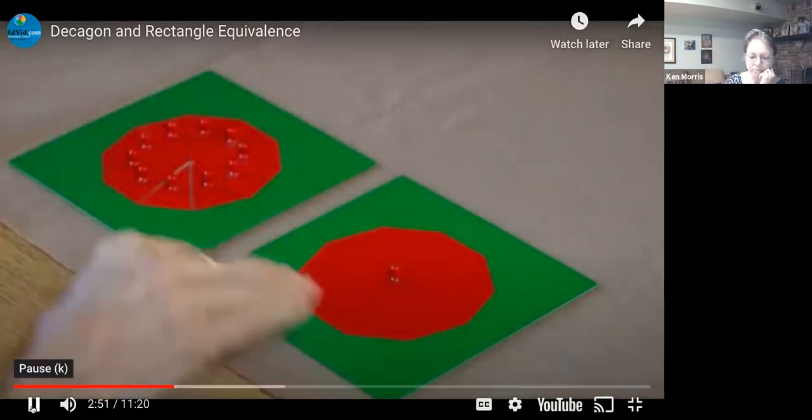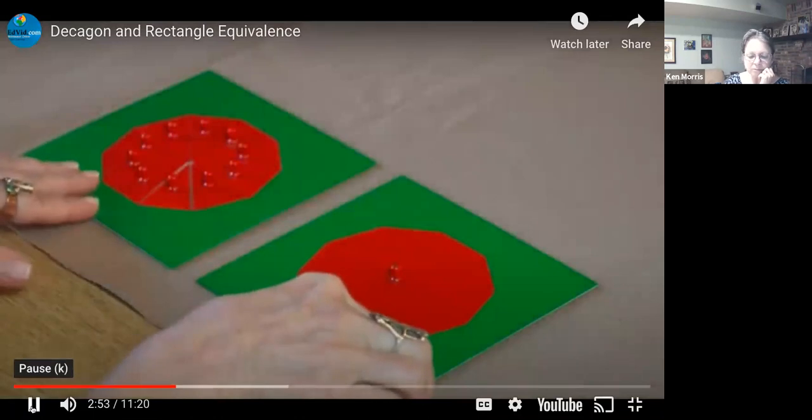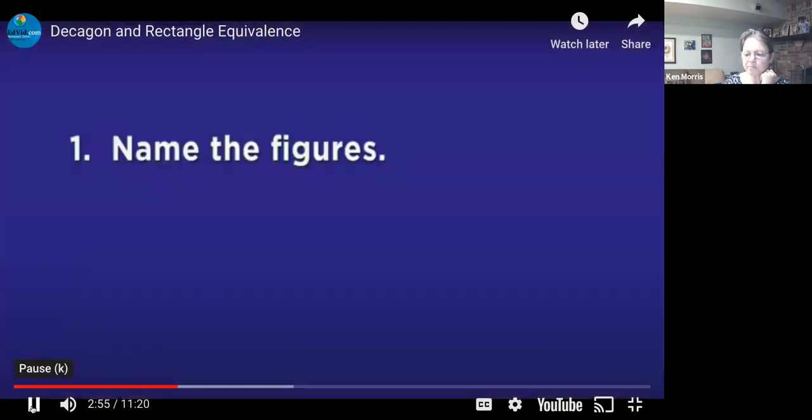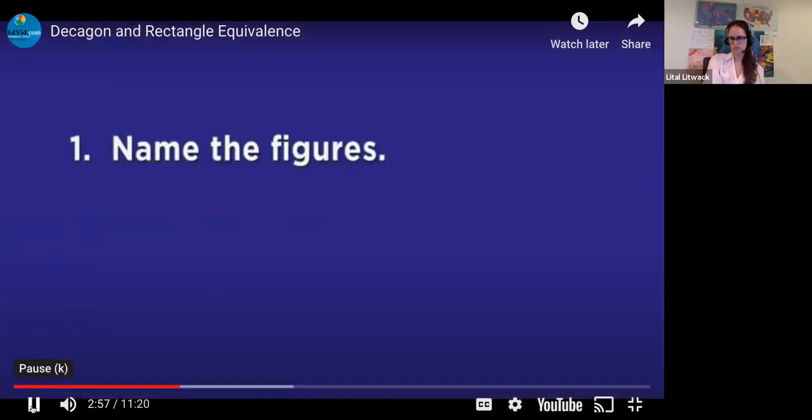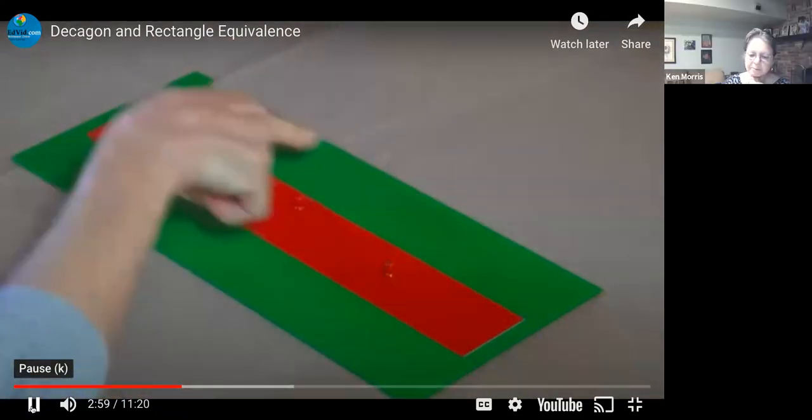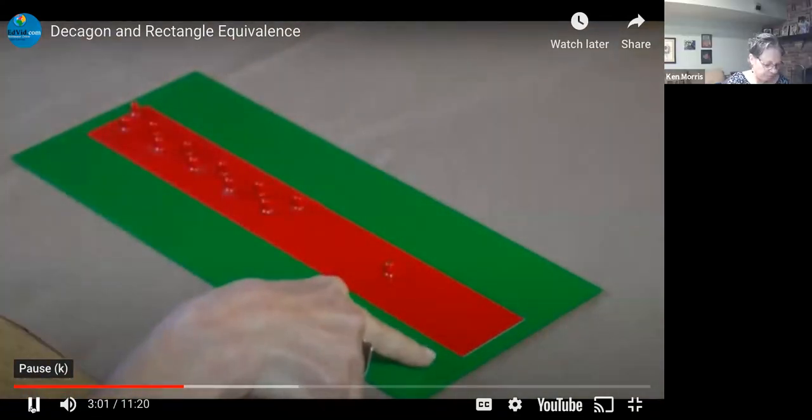So this is another regular polygon. This is inset number 15, and it's a rectangle.